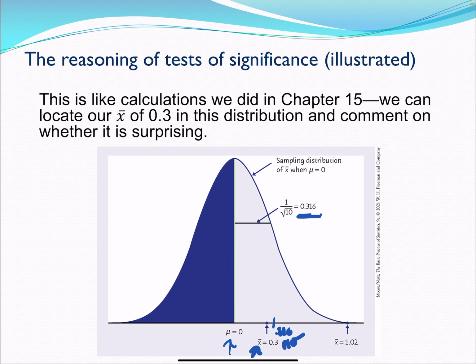It's only almost one standard deviation away from the mean. One standard deviation holds 68% of the data. It's not 2 or 3, right? If I got something like a mean of 1.02, I'd say that was more surprising. So let's practice stating our hypotheses in the next video.